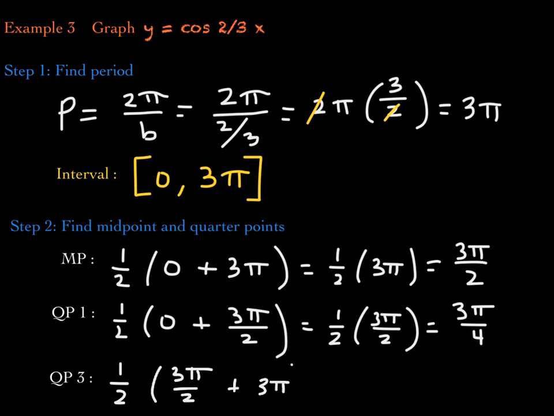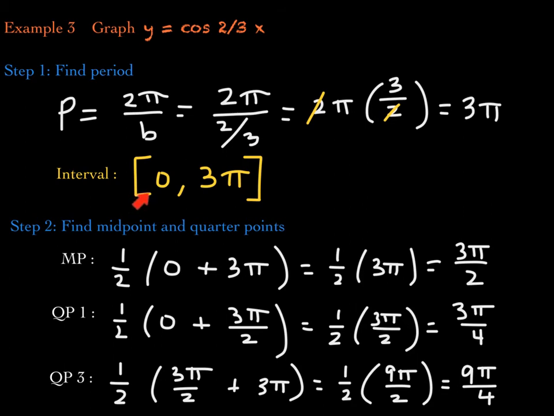So this is half of, now just for fraction work here, remember that 3 pi is really 6 pi over 2. And 6 pi over 2 plus 3 pi over 2 is 9 pi over 2. And so your third quarter point is just 9 pi over 4. Again, I'm trying to make this neater for you, 9 pi over 4.